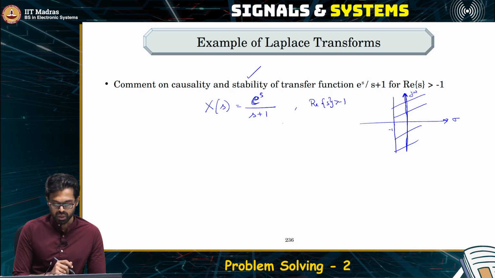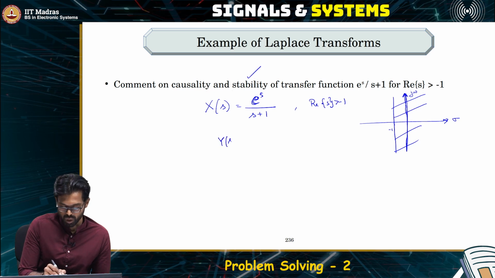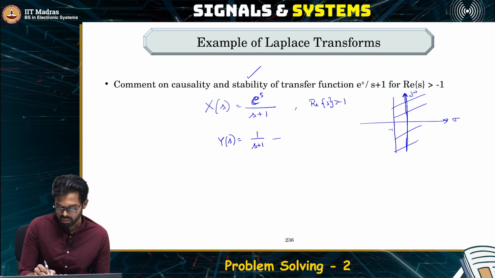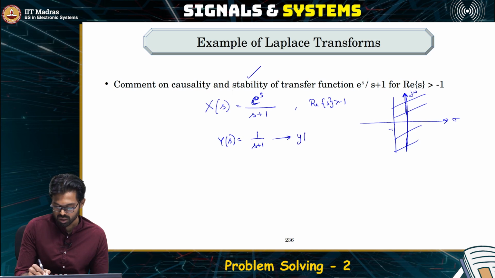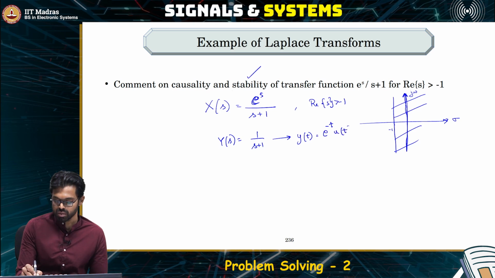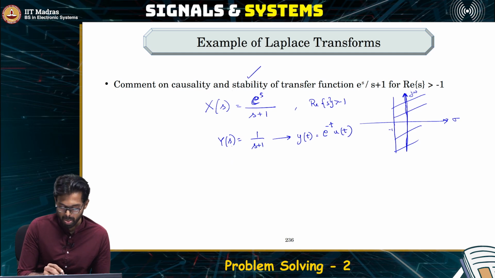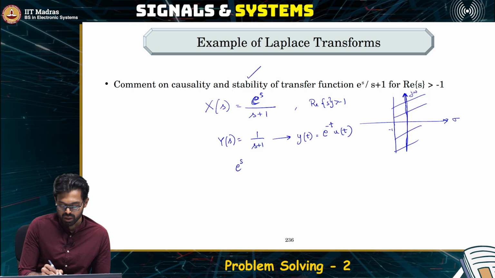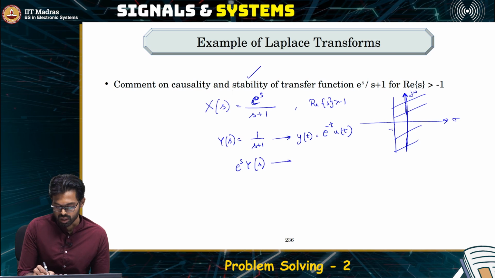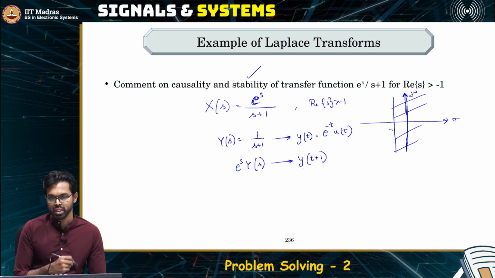So how do we find the inverse Laplace transform? Once again, we know that if the Laplace transform of some y(t) is Y(s) equal to 1 by s plus 1, then the inverse Laplace transform is e^(-t) u(t). Now if the Laplace transform is given by e^s Y(s), then the corresponding inverse Laplace transform is simply y(t+1), by the time-shift property.